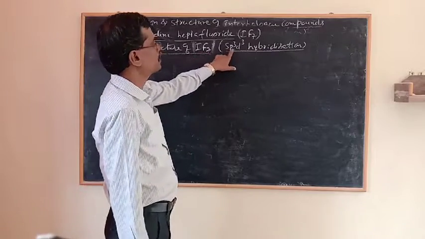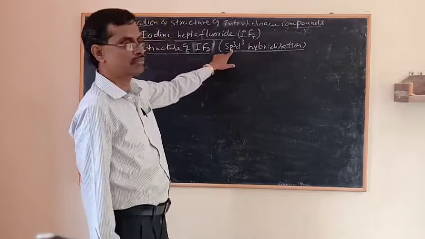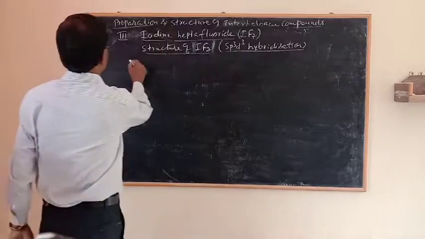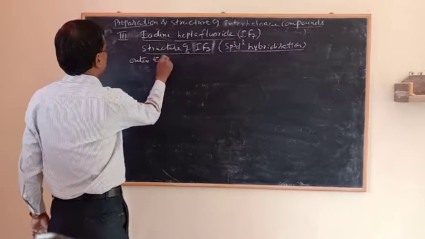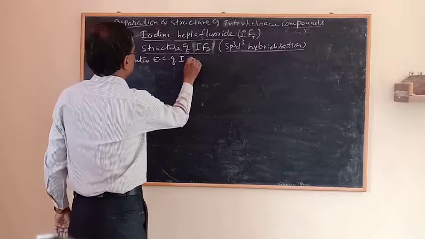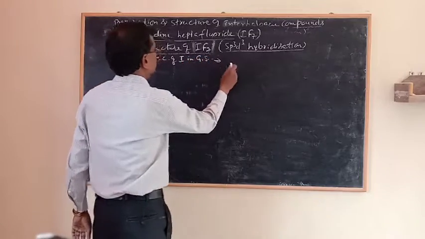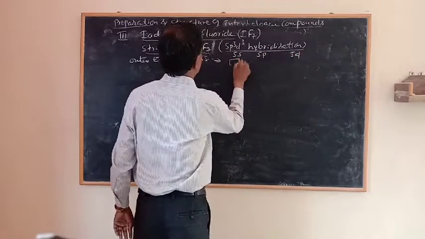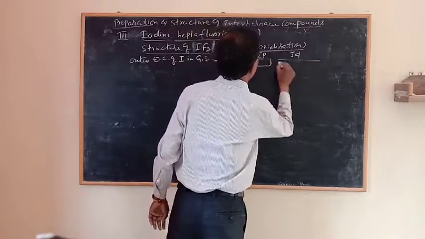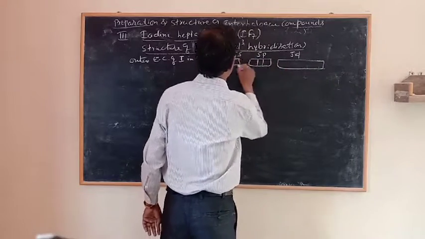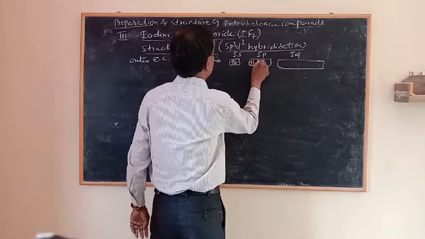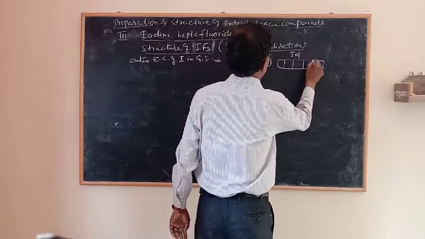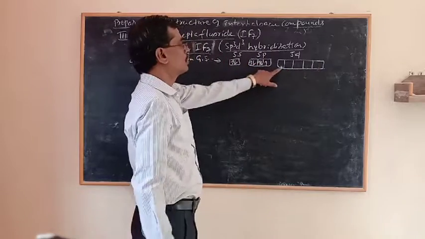It is a type of sp3d3 hybridization because of the involvement of 1 s, 3 p and 3 d orbitals in this. So we have to take the outer electronic configuration of I in the ground state, found to be 5s, 5p, 5d. Two electrons, and 1 electron, 7. There are no orbitals here.